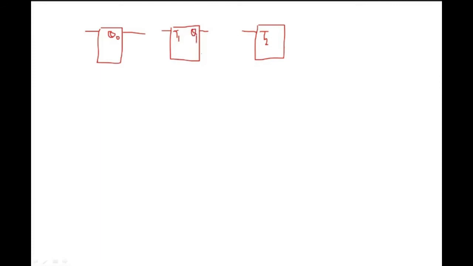So we are having the 3 stages. This is T0, so this will be Q0. This is my T1, this will be Q1. And then we are having T2. T0 was Q1 bar Q2 bar. So if this is Q1, this will be Q1 bar and this will be Q2 bar.